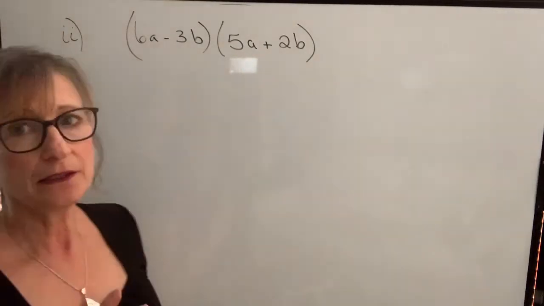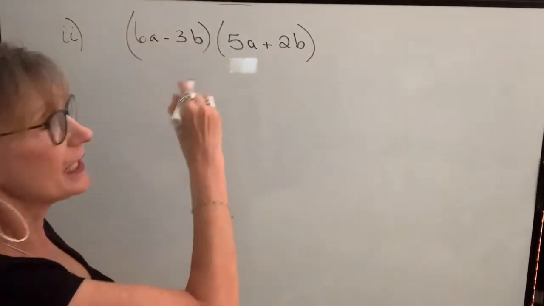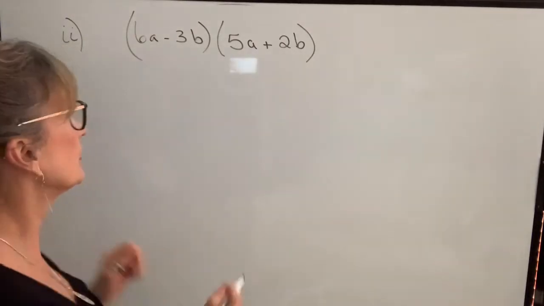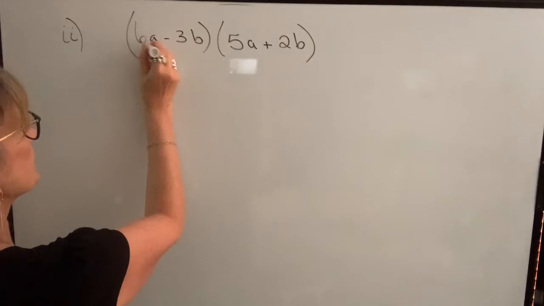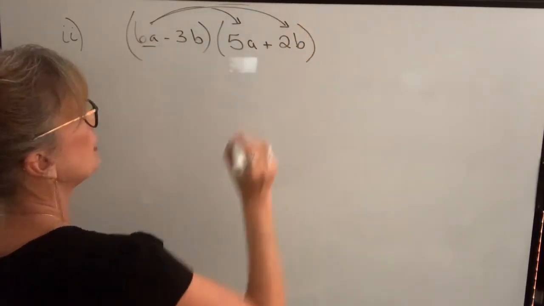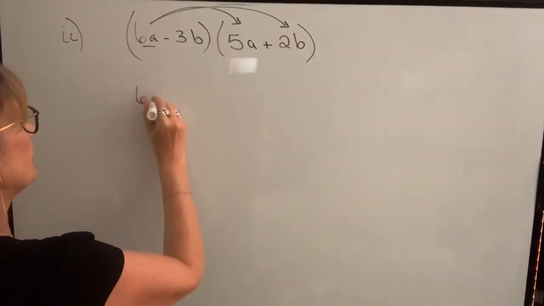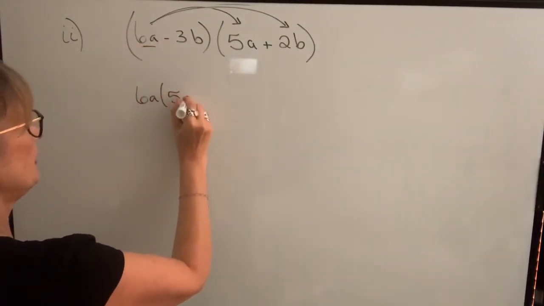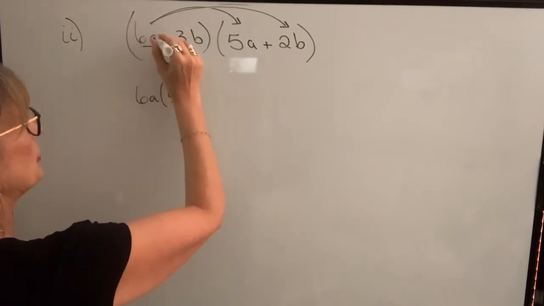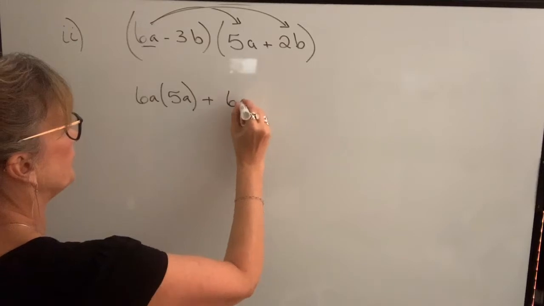So again, we take every term in our first polynomial and multiply to every term in our second polynomial. So my first term here is 6a. I'm going to multiply to each of those terms in my second polynomial. So I'll have 6a times 5a plus 6a times 2b.